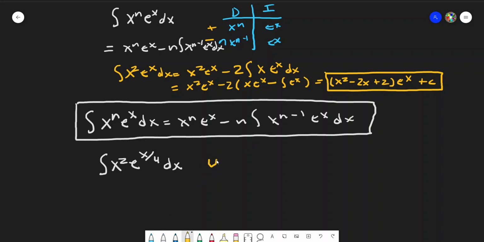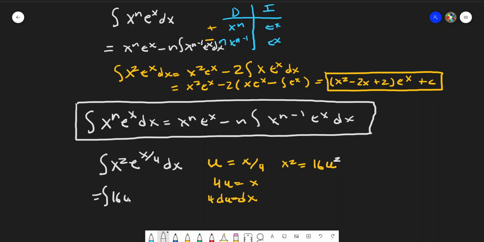I would have to say that u is equal to x over 4, which means that 4u equals x, which means that 4 du equals dx. But if that's the case, I also have that x squared is equal to 16u squared, by the way. Okay, so I already made an error.